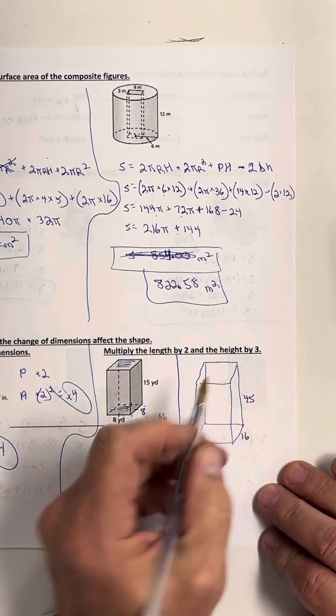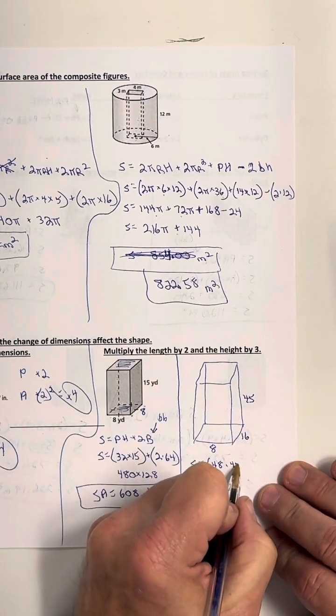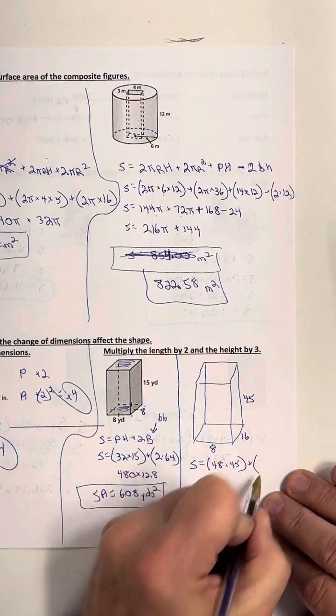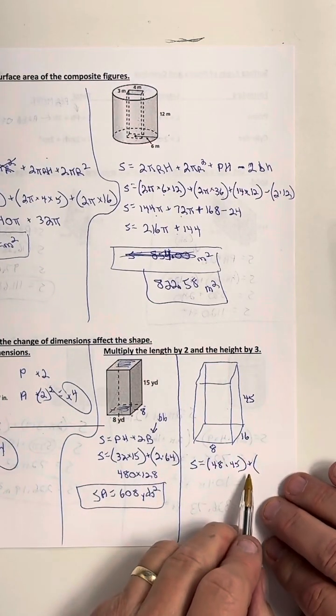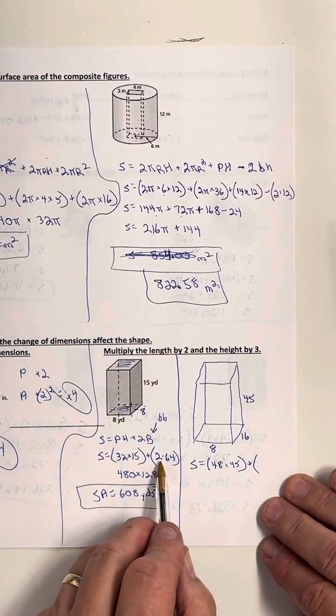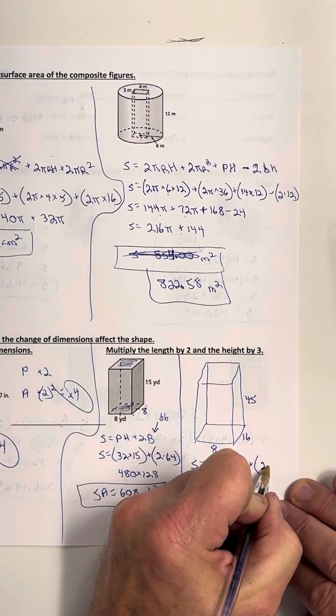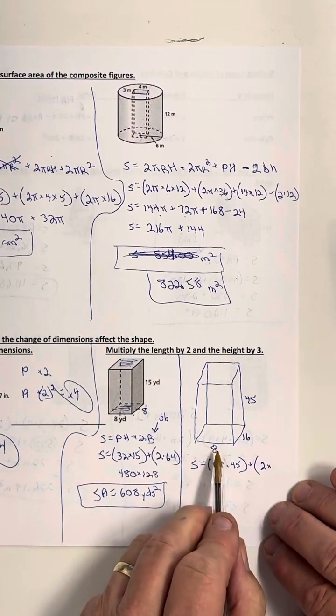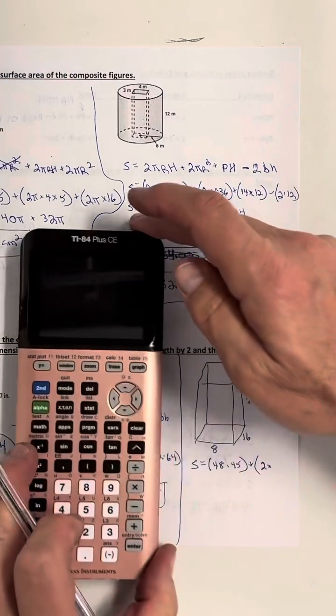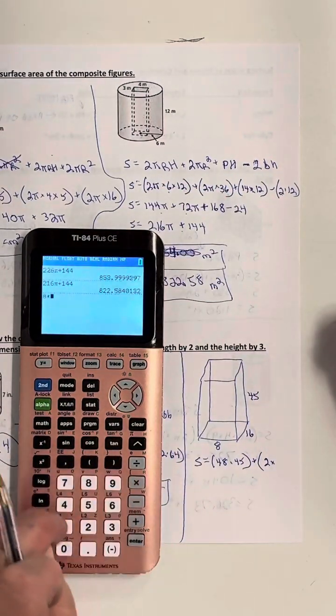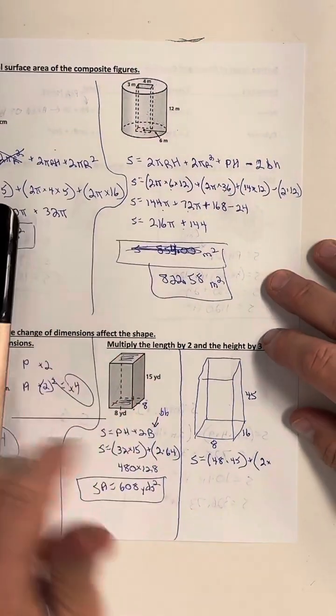The height is 45. Over here, plus 2 times the area of the base. The area of the base is 8 times 16, 128.